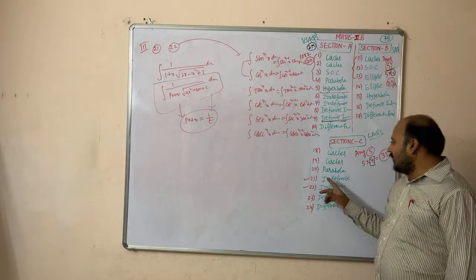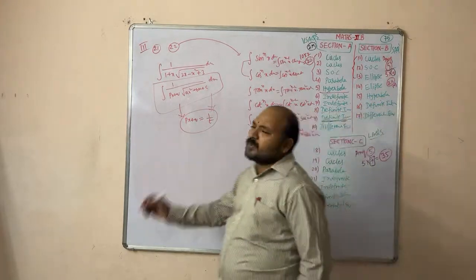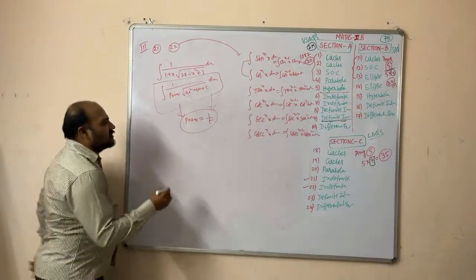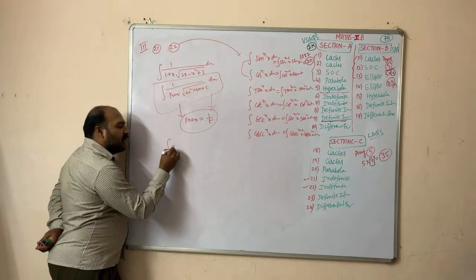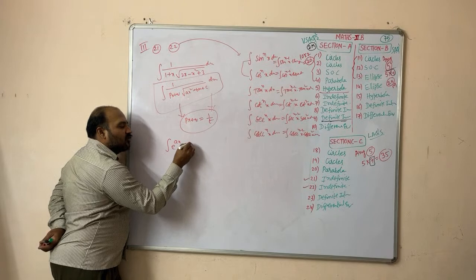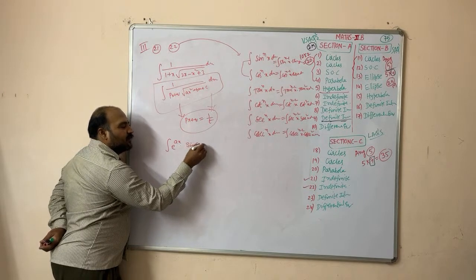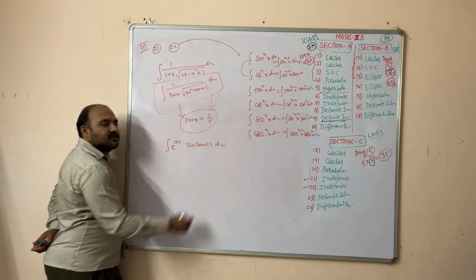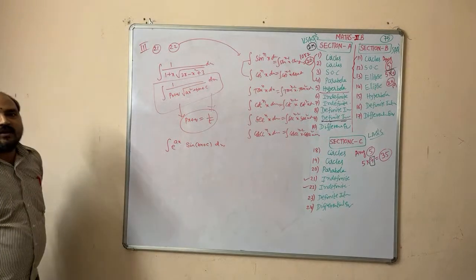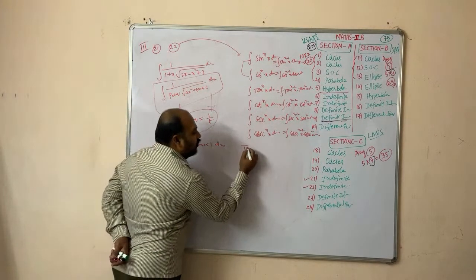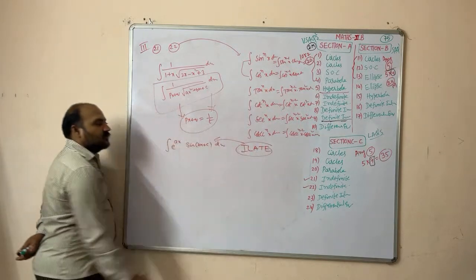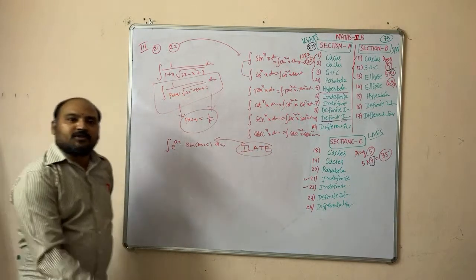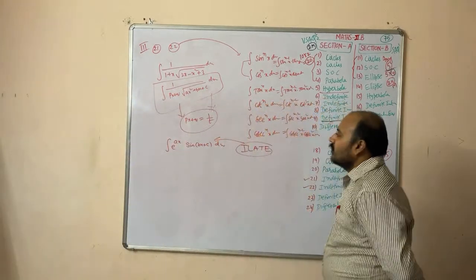So these are the possibilities. Sometimes what they will ask in question number 21 and 22 is integral e power ax into sin of bx plus c, or simply sin of bx plus c into dx. Integration by parts, or by using Euler formula you can do that. Sometimes these type of questions. Okay.